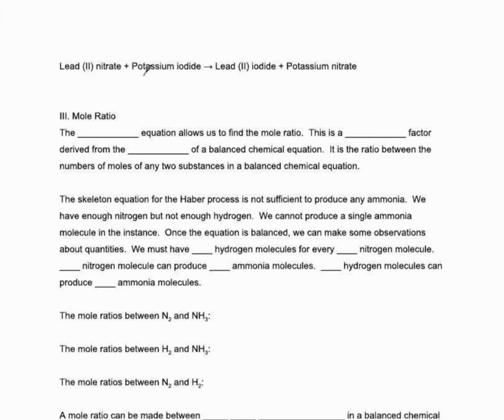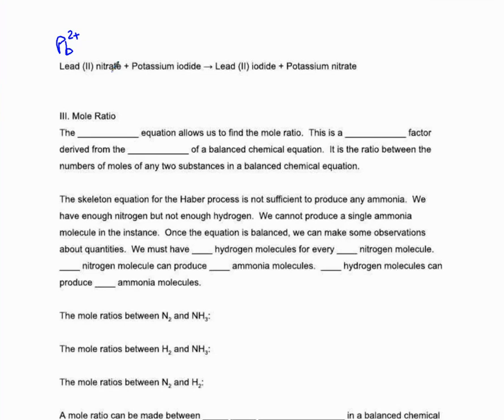So the first thing I'm going to do is up here, write the atomic symbols with the charges, just so we can see it. This is not a required step, but it's helpful. So lead 2 tells me lead 2 plus. Nitrate, if you don't remember it by now, you can look back at the ionic compounds unit.